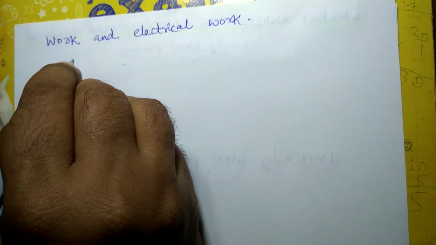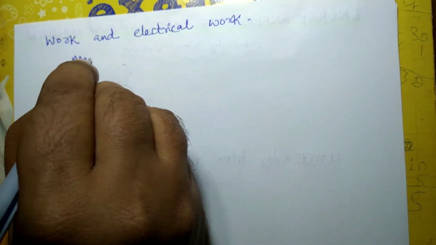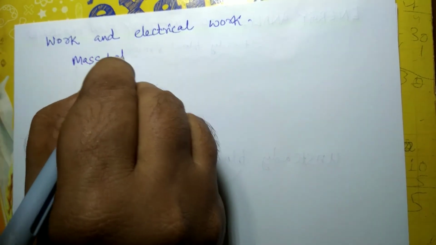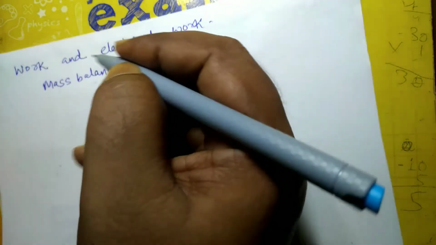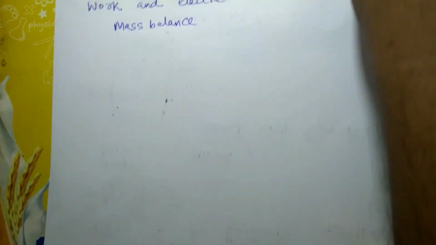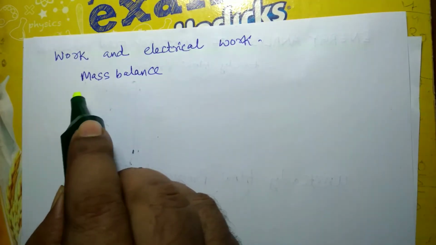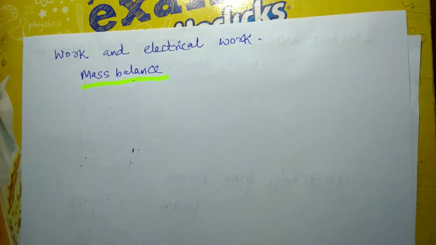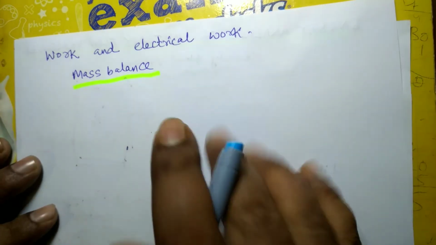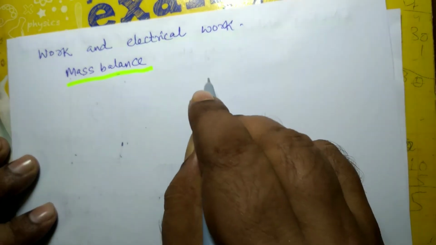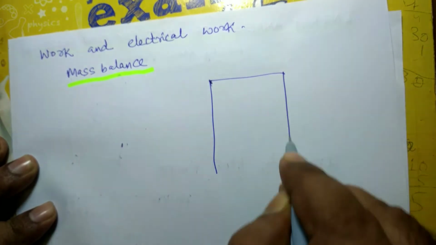So this is principles of mass balance. फर्स्ट मास बैलेंस को यूज करेंगे एंड एनर्जी बैलेंस प्रिंसिपल को यूज करके हम एनर्जी बैलेंस इक्वेशन फॉर अनस्टेडी फ्लो प्रोसेस we will derive.